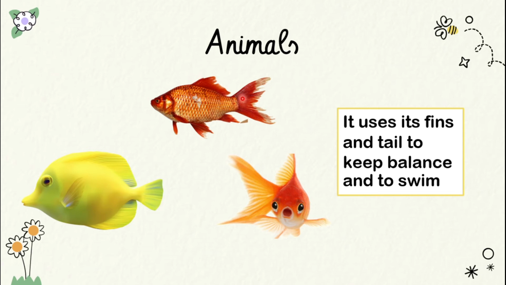These two things help these three fish to move around. So that's why animals have different parts, because in their life they have different places to stay, and they have different parts to support their living.